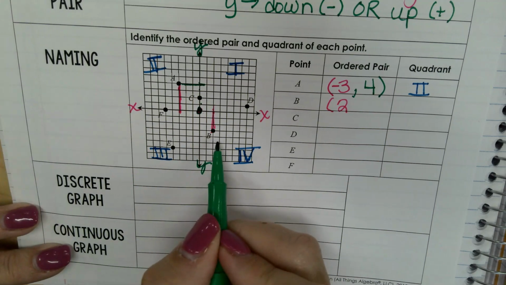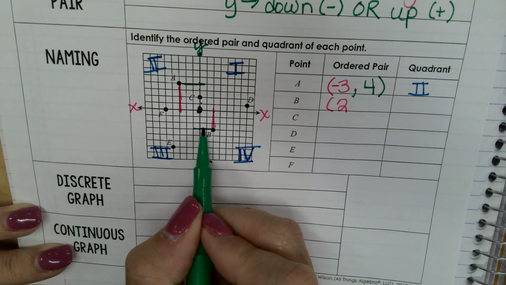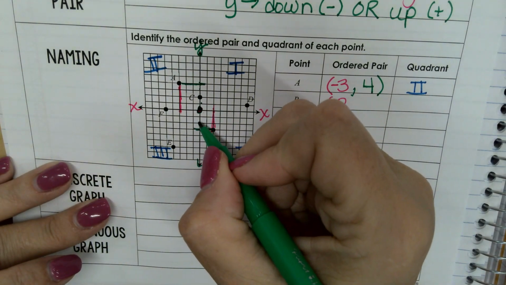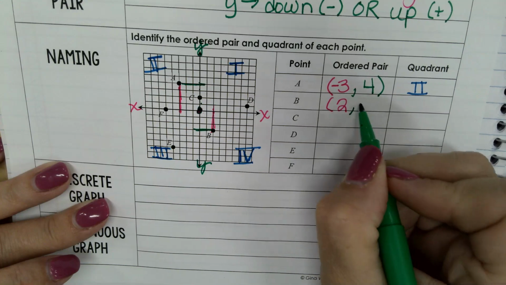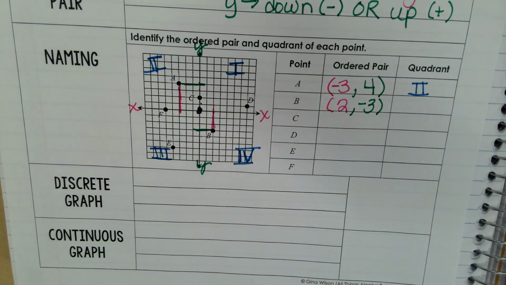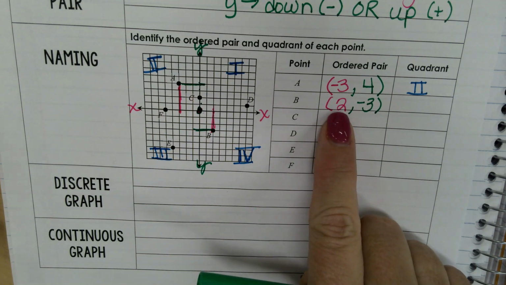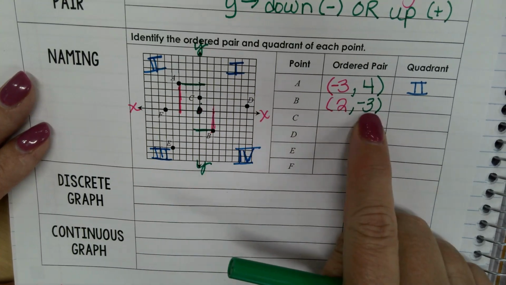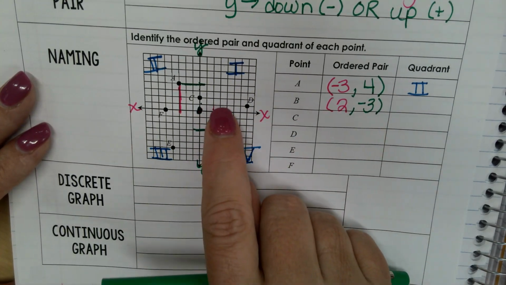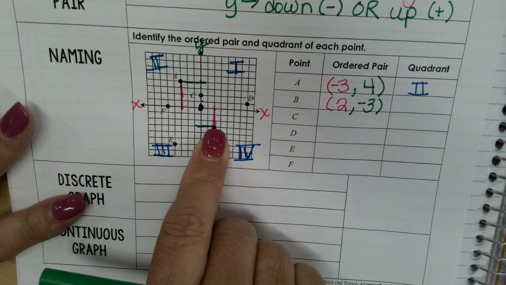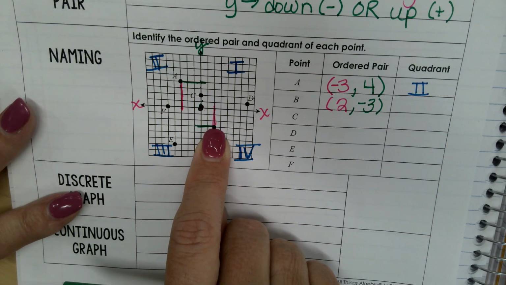Now I'm going to see where on the y-axis it's touching. Down 1, 2, 3, -3. So this is what you should be able to do to check your answer. I'm going to start at the origin and go right 2, down 3, and you should end up back where you started, at point B.